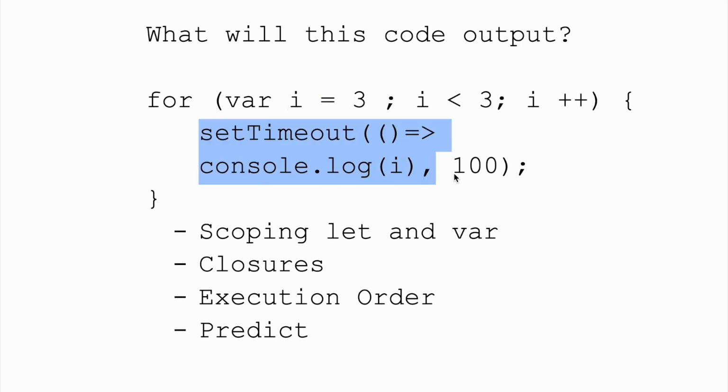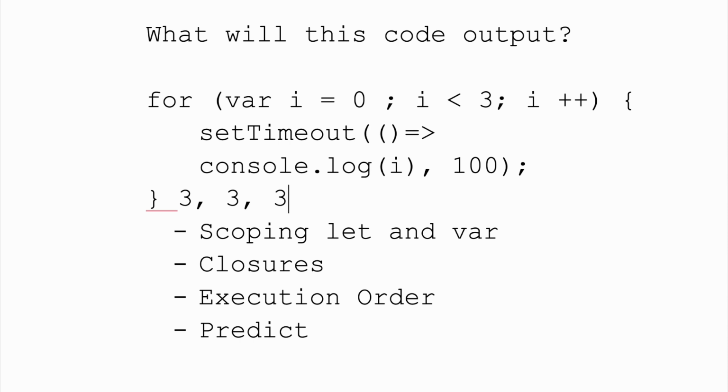Now when it's time for the setTimeout to run, it looks up the value of i. What's the value of i at this point? 100 milliseconds later, it's 3, so it prints 3, and it's queued up 3 times because we started at 0. So each setTimeout callback runs once, and that's why we have 3, 3, and 3.